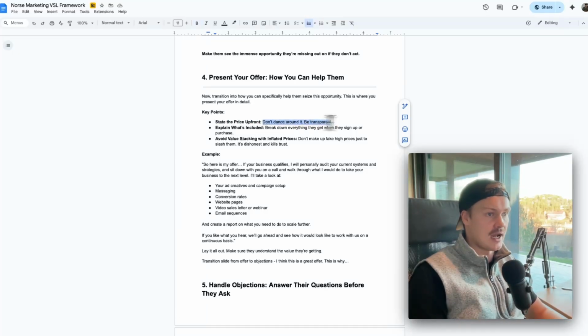It's so annoying whenever I jump on a VSL and I'm interested in a product or a service, they just don't say the price. Now, the price is quite irrelevant if they're able to provide me with results that I want. So it's not the biggest factor whether or not they're going to purchase. If they are, they're probably a bad prospect anyways, right? So you need to explain what's included and please avoid value stacking.